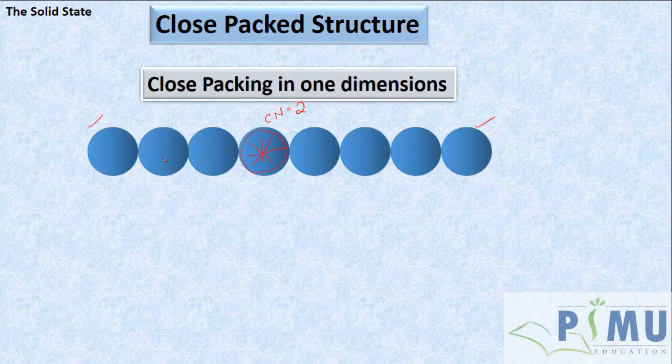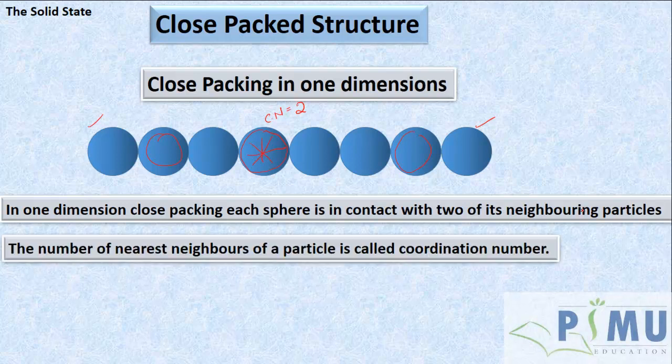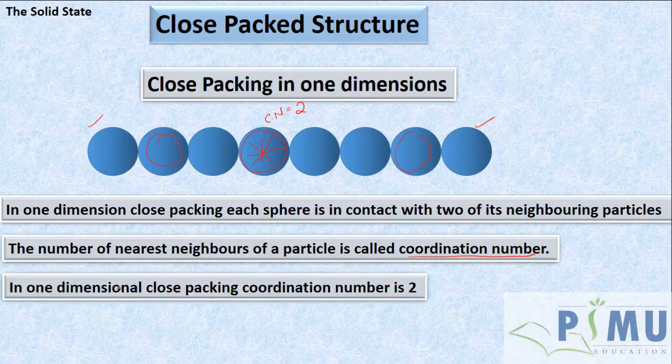These 2 particles are present at the surface, so we don't consider them. In 1 dimension close packing, each sphere is in contact with 2 of its neighboring particles. The number of nearest neighbors of a particle is called the coordination number. In 1 dimensional close packing, the coordination number is 2.